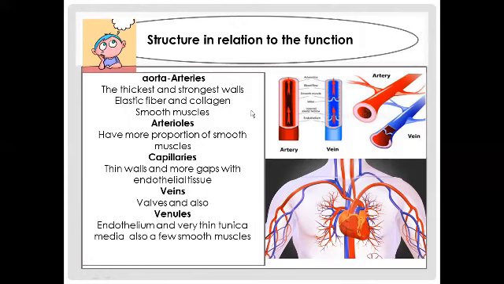the human body, such as the small arteries, the arterioles, that have more proportions of smooth muscles that keep the blood flowing forward in all parts of the body.